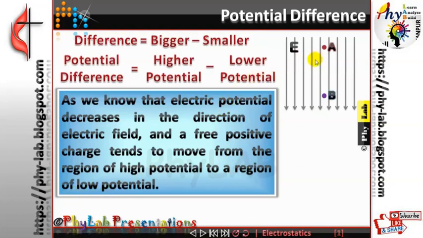So if I am going to place a free positive charge over here, it would always move from the region of higher potential to a region of lower potential. So point A is always at a higher potential whereas point B would always be at a lower potential. Hence I can define the potential difference as VA, being at a higher potential, minus VB.